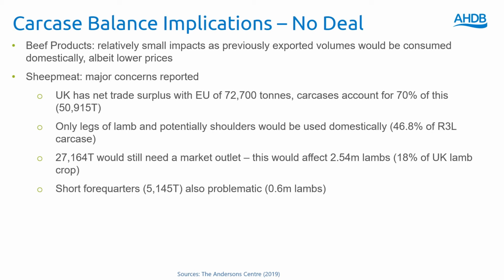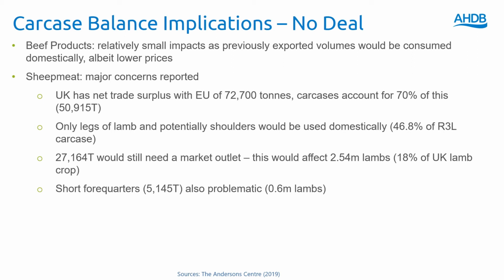So that would still leave a substantial tonnage, just over 27,164 tonnes, that would need to find a market outlet. And when you equate that back into a number of lambs in equivalent, it's just over 2.5 million lambs, which equates to about 18% of the UK lamb crop.